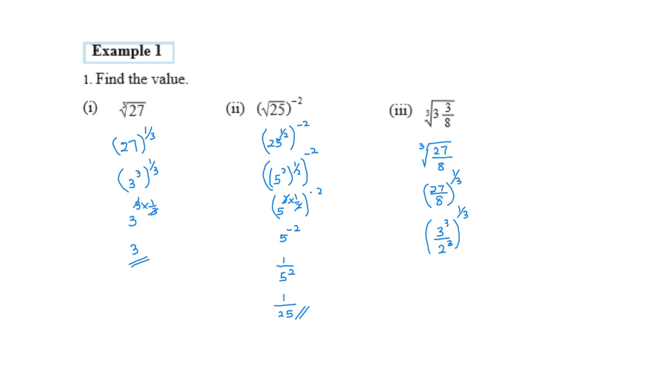Next, you have power 3 in both numerator and denominator. So you can write it as 3 times 1 third, powers of powers. Then the 3s cancel. 3 over 2, which is equal to 1.5 or 1 and a half as a mixed number, is your answer.